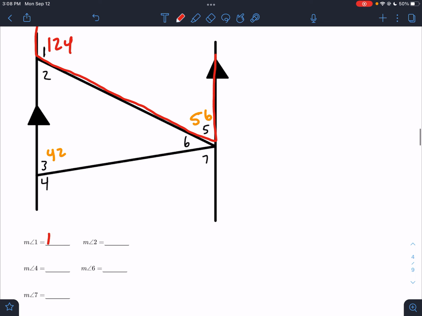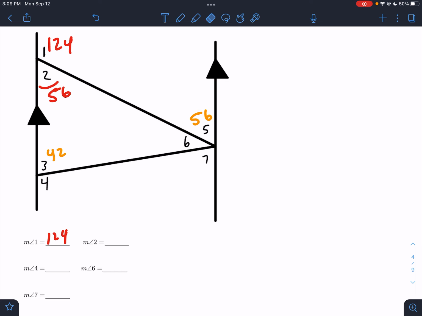So angle 1's got to be 124. We can always do linear pairs, but also if I trace angle 5 going this way, angle 2 and 5 make the letter Z. Those are alternating interior angles, so they have to be equal.